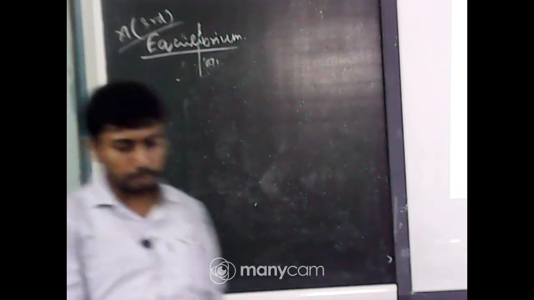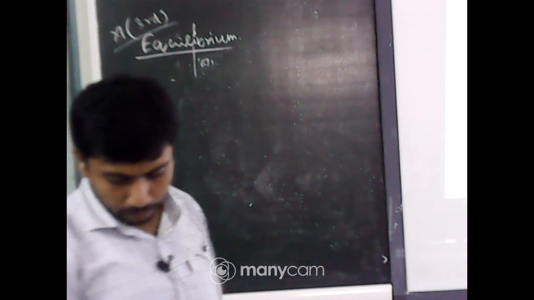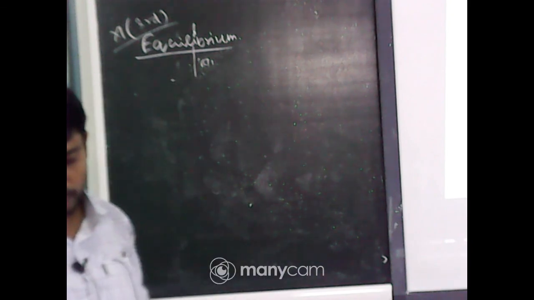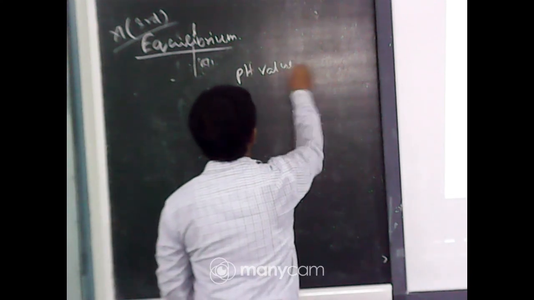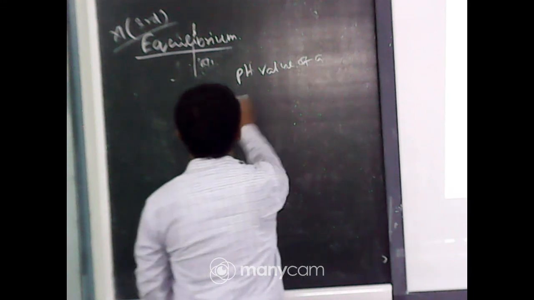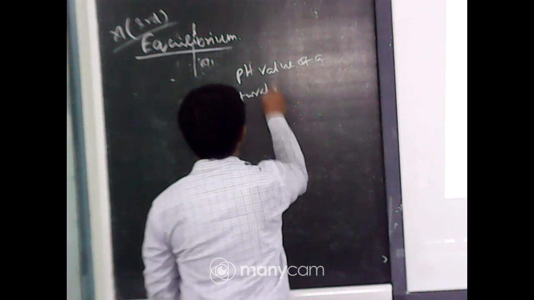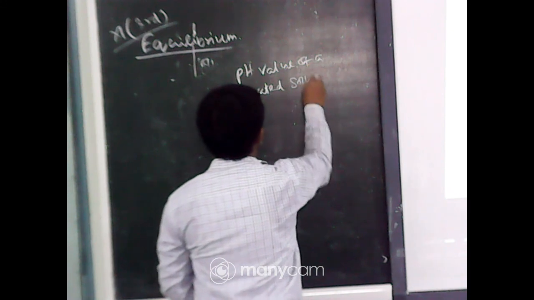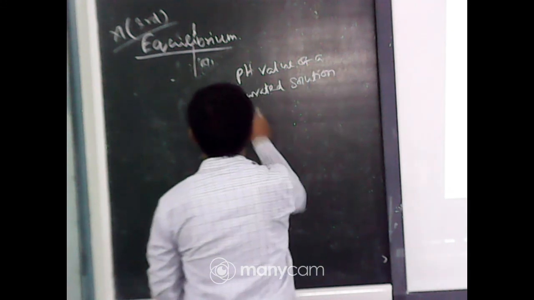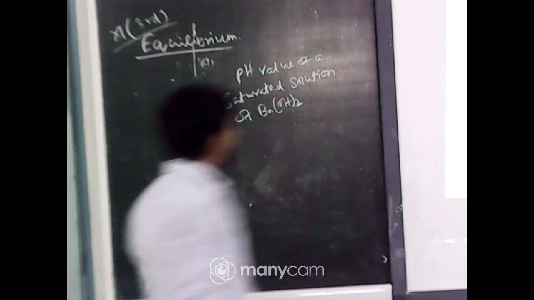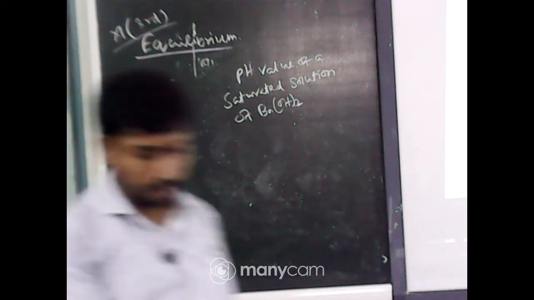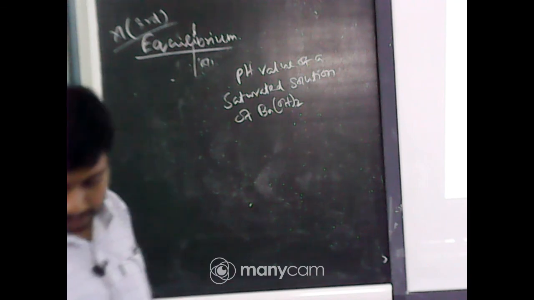Okay, write down one problem. The pH value of a saturated solution of barium hydroxide is given as 12.